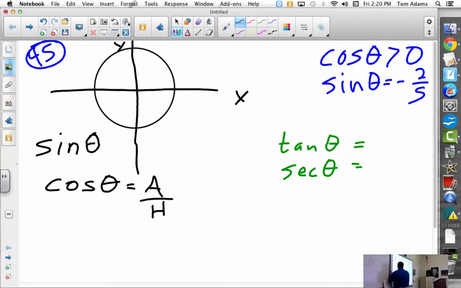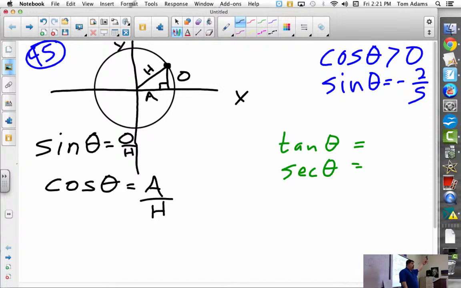So we need to remember that sine of theta equals opposite over the hypotenuse. So what they're saying is, if I draw a right triangle like this, there's some theta that has the opposite and hypotenuse and the adjacent such that I get a negative 2 over 5.